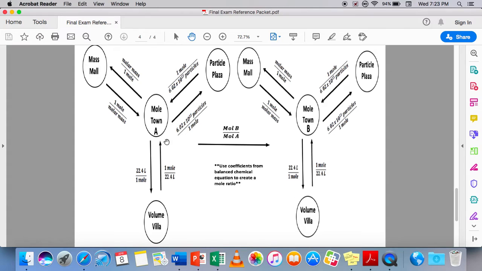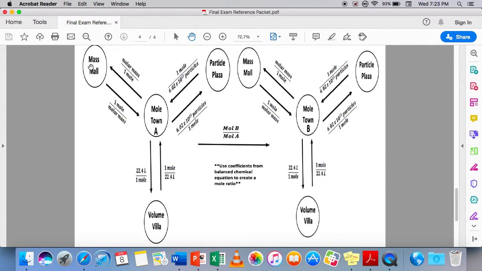Now we're going to add in a second part, which is Mole Town B. And we can use this to go from one side, let's say Mass Mall, to the opposite, Particle Plaza. So as you can see from this figure, there is no route to go from Mass Mall to Particle Plaza. There's no pathway.